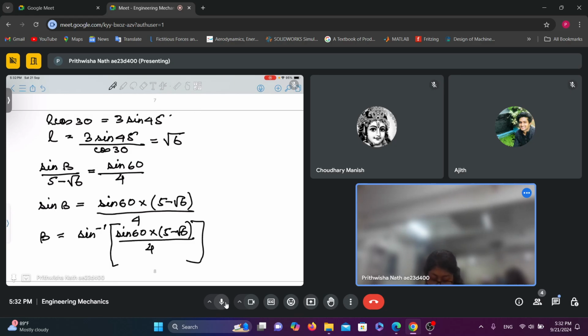So this is 33.52 degree. Is this clear? How I got this angle beta? Okay. So anyone is having any doubt? You can tell me if anyone has doubt.